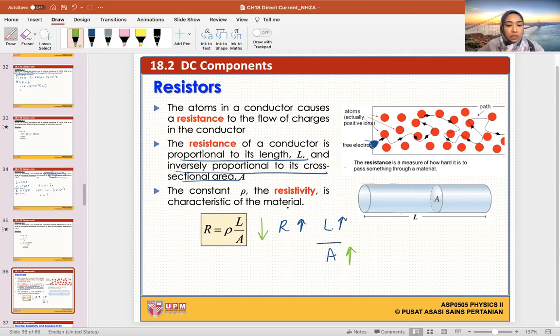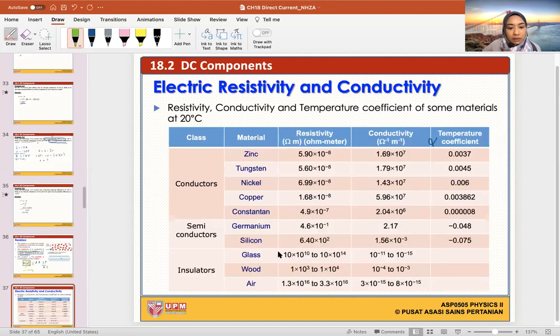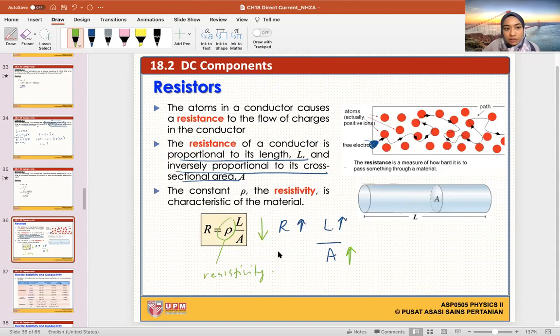So this gives us an equation where R is equal to rho times L over A. What is rho? Rho is called the resistivity, but it is constant depending on the material. So this is the equation.